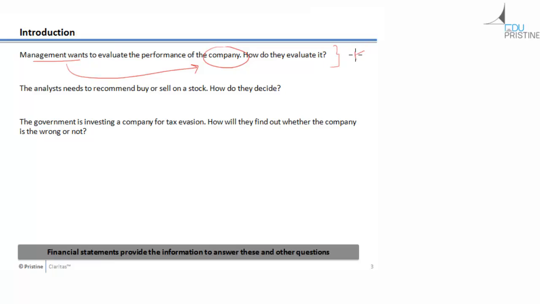There is no denying the fact that there are some operational KPIs of each industry, but those are all operational.